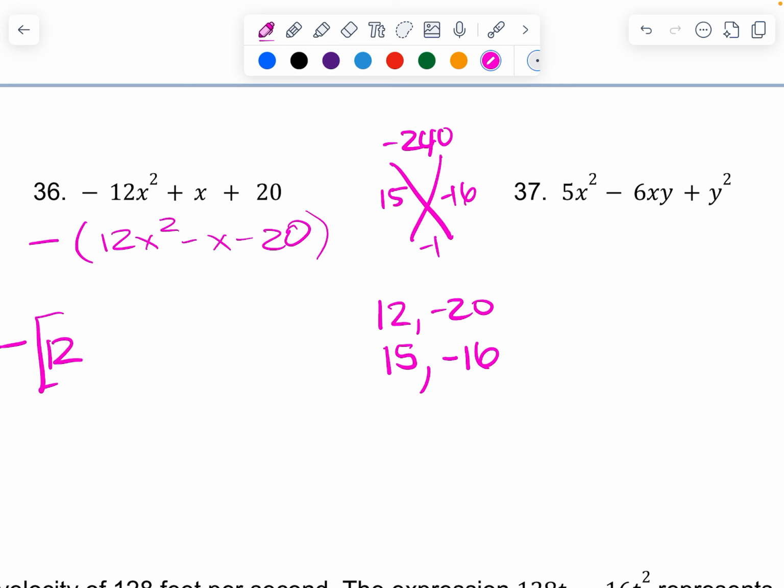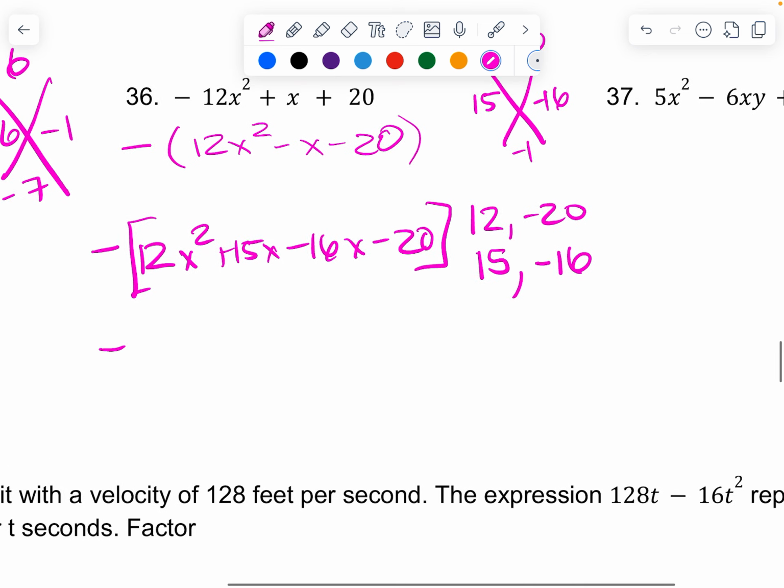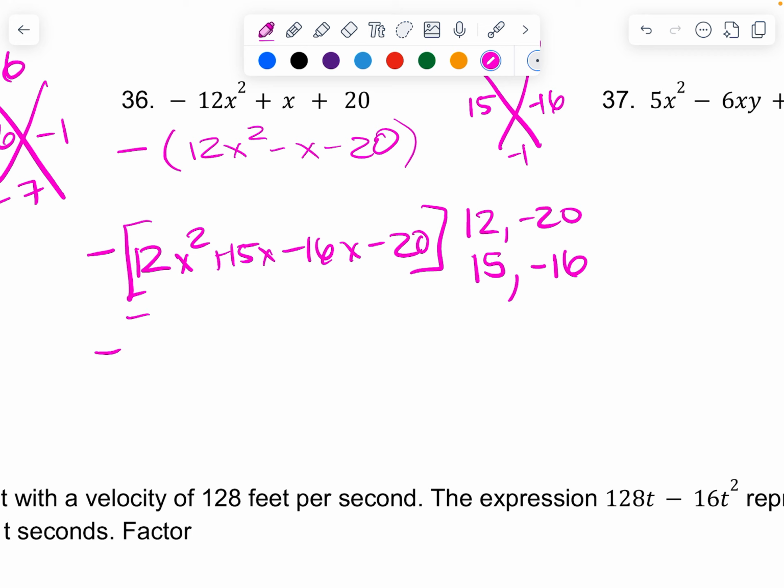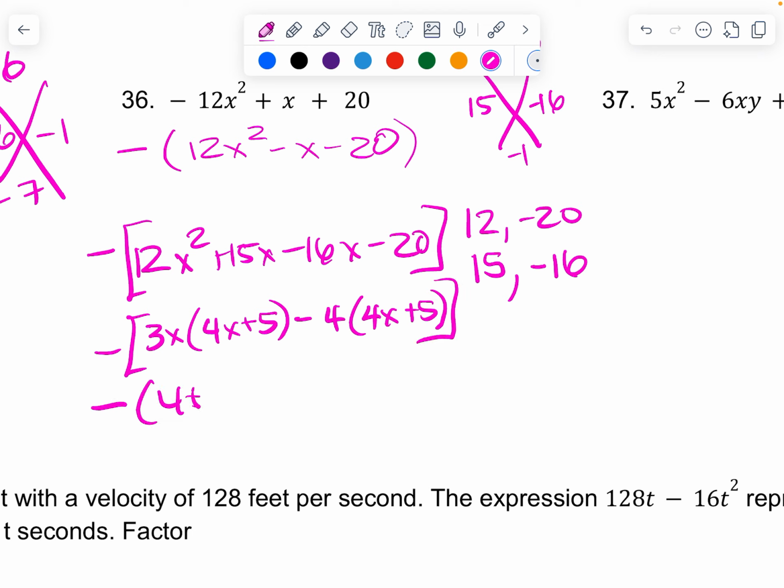I have 12x squared plus 15x minus 16x minus 20. When I do this, I take out a 3x, and I am left with 4x plus 5. Take out a 4. I'm left with 4x plus 5. So negative 4x plus 5 times 3x minus 4.